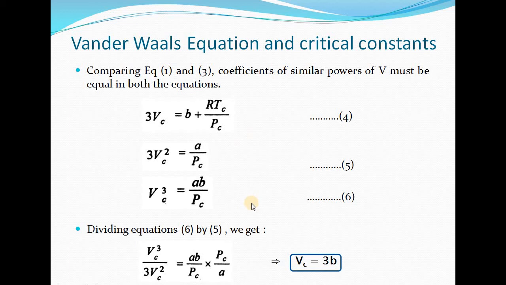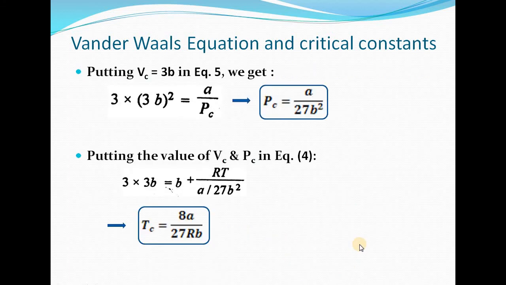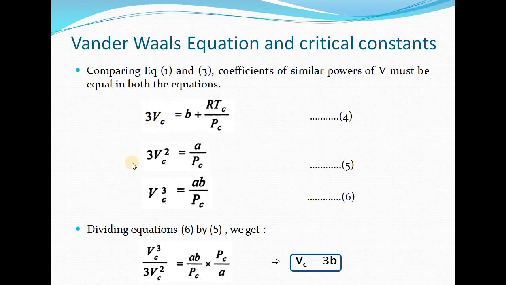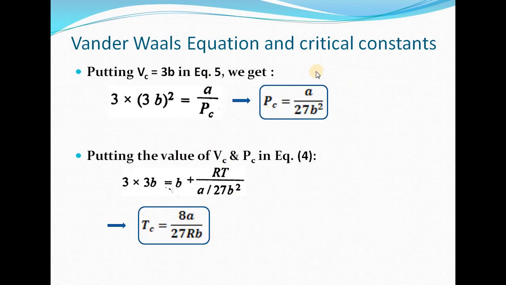Now solving these equations, first dividing equation 6 by 5, we get Vc is equal to 3B. So critical volume is equal to 3 into B. Now putting this Vc is equal to 3B in equation 5, we get the value of Pc in terms of van der Waals constants, which comes out Pc is equal to A by 27B square.